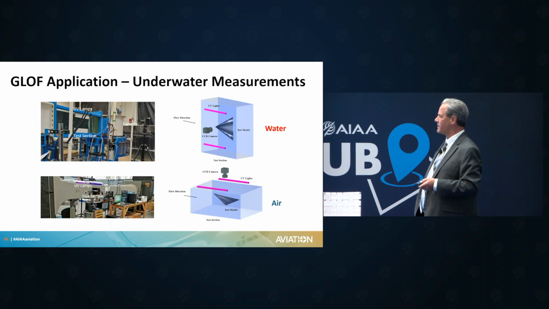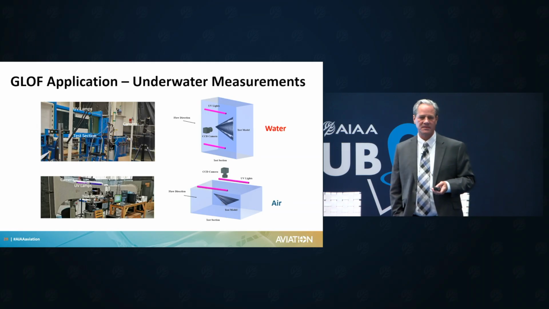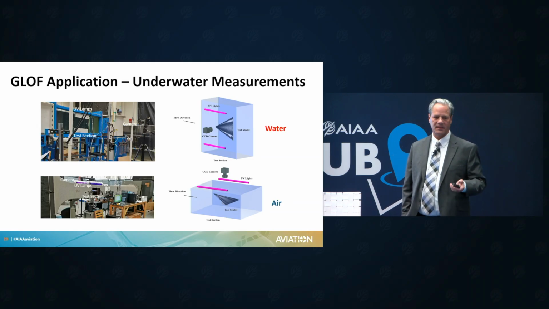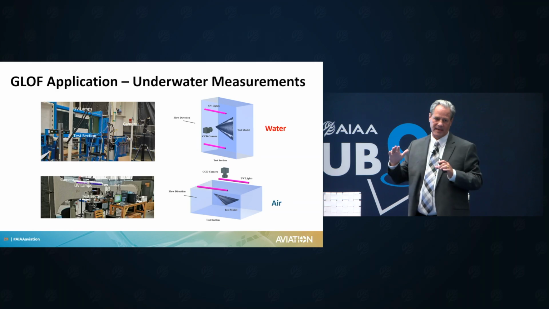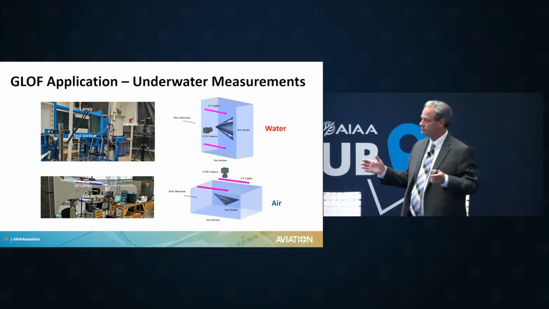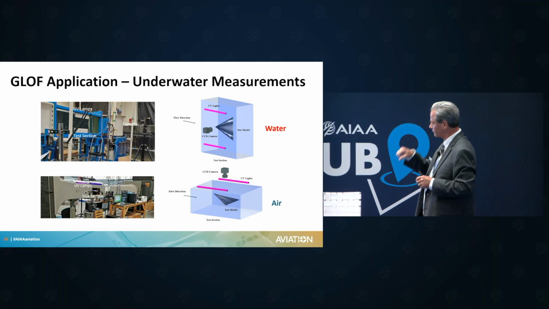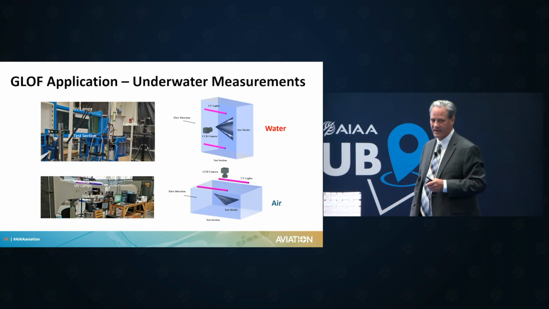And then underwater measurements, we're currently in the process of building a new fluids mechanics lab, but this older lab here in the upper left, you can see it's basically the same setup. You have the UV lamps, the test section, and the camera. The difference in the underwater is it's normal to what we test in the wind tunnel, and to help defy gravity.